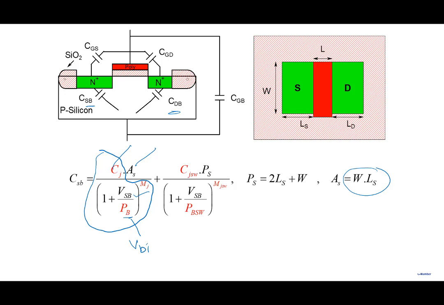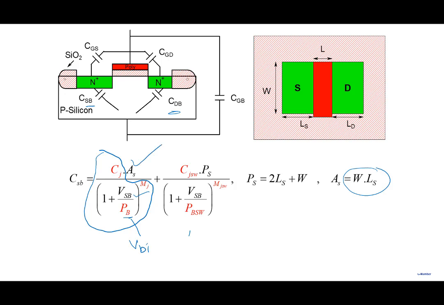And MJ, normally this may be half, but it depends on the nature of the junction. It's not an abrupt junction, the doping profiles are more complicated, so it's not really half, it's some other value. So it's a general expression for PN junction zero bias or reverse bias capacitors, and depends on the area. So this part is clear.